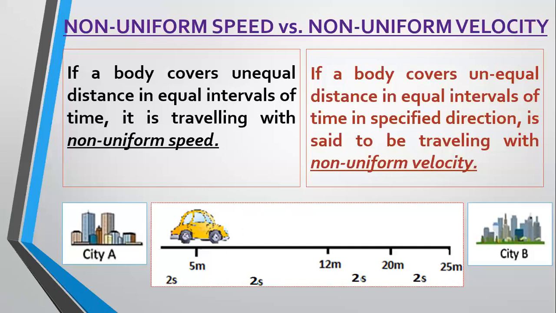And since there is no change in direction of motion, thus magnitude of velocity will be equal to magnitude of speed and varies along it. So in this example, the motion of car is non-uniform throughout the journey with respect to speed and velocity.